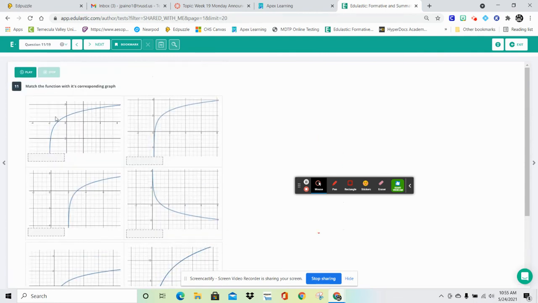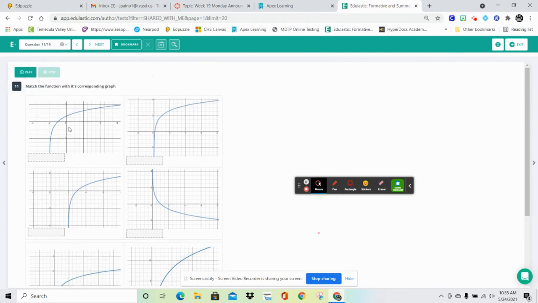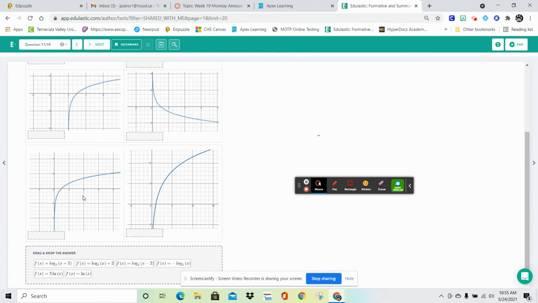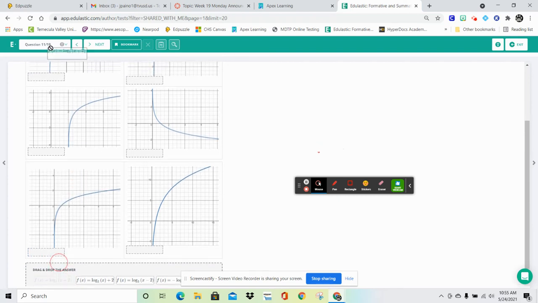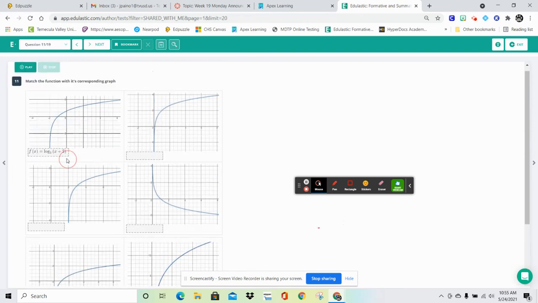So this first one has a vertical asymptote at -2. It's the only graph on here that has a vertical asymptote at -2. So I'm looking for the graph that has an h of -2, which is this first one. So I'm going to drag that up there. Again, the h is -2.